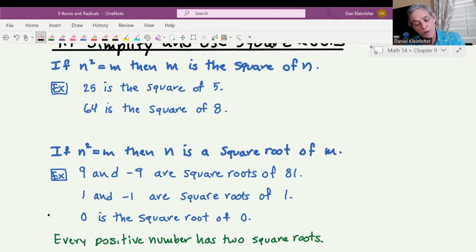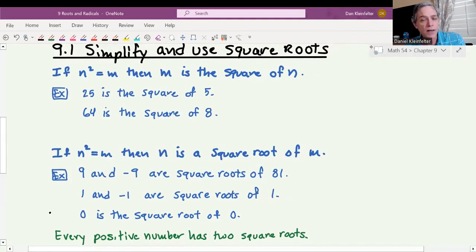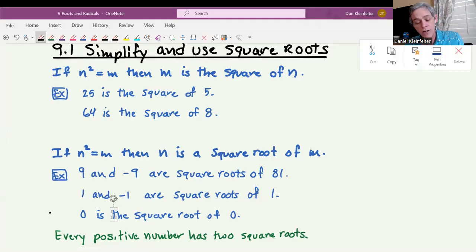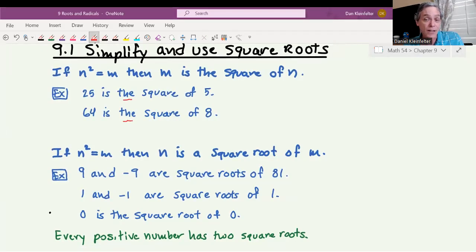One thing you'll notice between the definitions of a square and a square root is that each number has only one square. Here I said 25 is the square of 5, and 64 is the square of 8. We've got the definite article in there, if you're a language person, because it's just one. Each number has just one square.